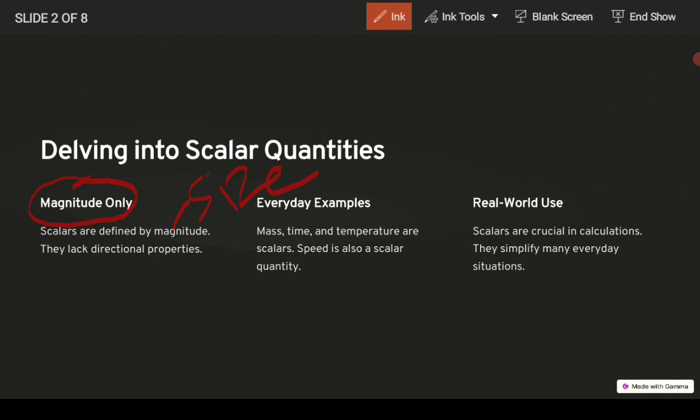So everyday examples of scalar quantities include mass, time, temperature, and others. Speed is also a scalar quantity. You cannot say the mass of the body is 90 kilograms west.